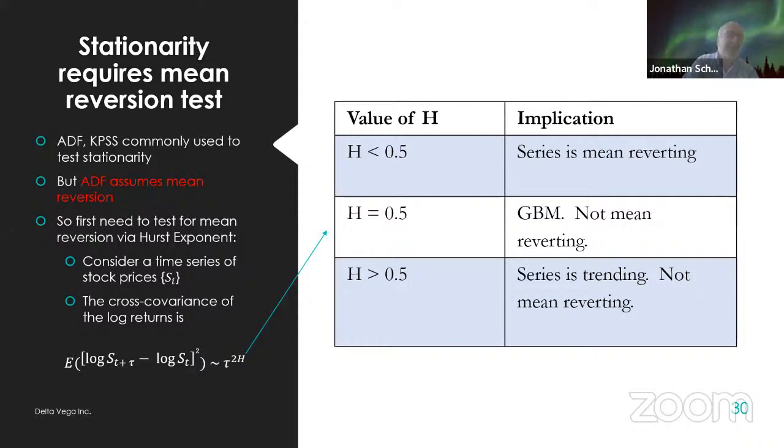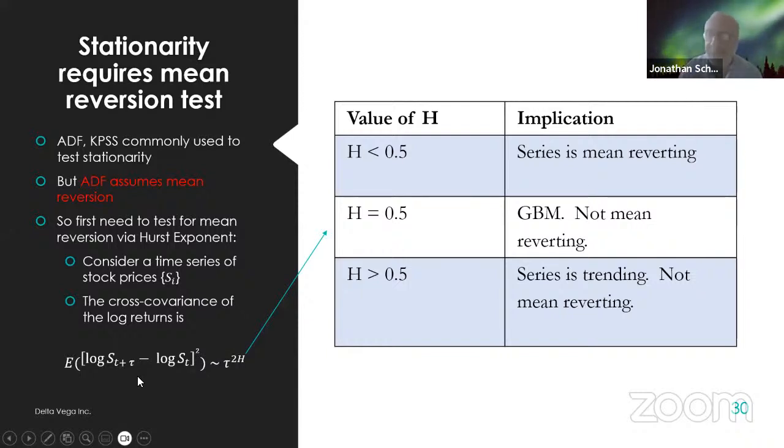So supposing there's a time series of stock prices S sub i, in that case we can take log returns, and then we can look at how the return squared evolves over time, the cross covariance, meaning between a time t and a time t plus tau.